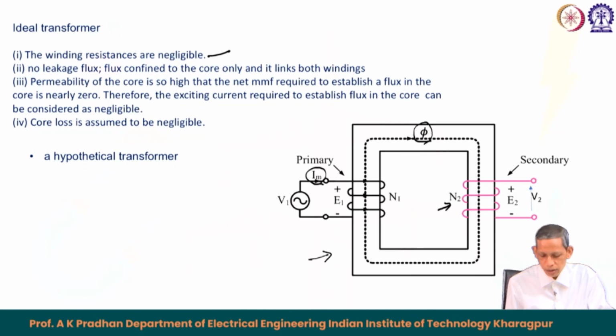So, in the second coil, an induced EMF governed by Lenz's law appears in the form of E 2, and this E 2 is available at the terminal of the secondary winding as the terminal voltage V 2. And we say that E 1 and V 1 are almost equal, and so also E 2 and V 2, with this assumption.